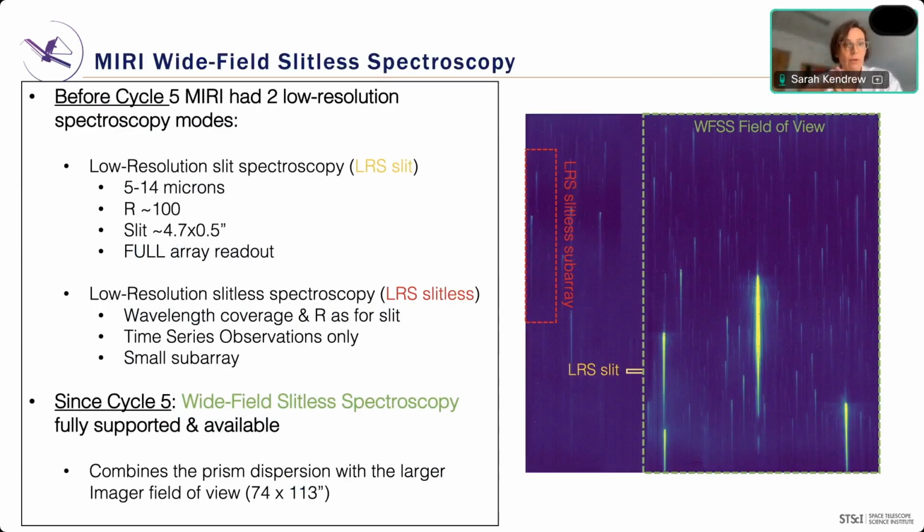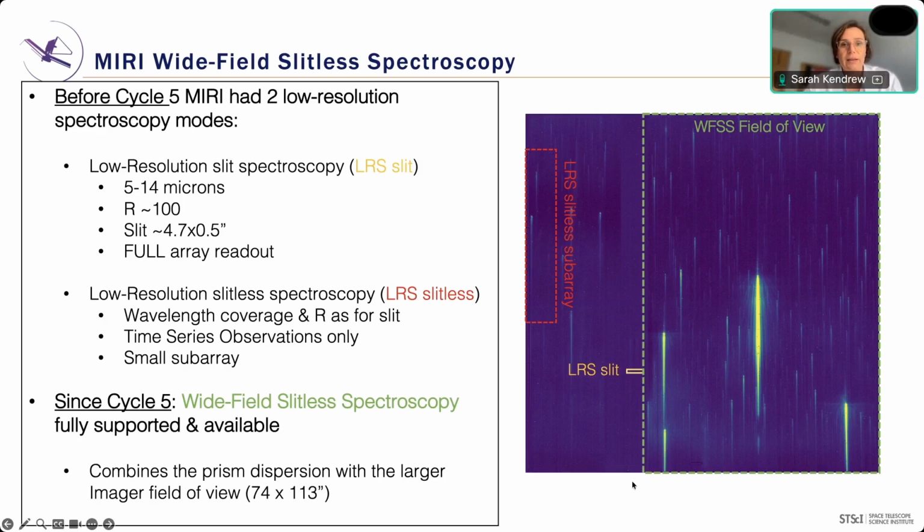Prior to cycle 5, we had two low resolution spectroscopy modes, essentially, where the dispersion is done with a prism that's mounted in the imager filter wheel. So this is actually part of the imager module of MIRI. Both of these modes are called the low resolution spectrometer, but in one mode of operation, we use a fixed slit.